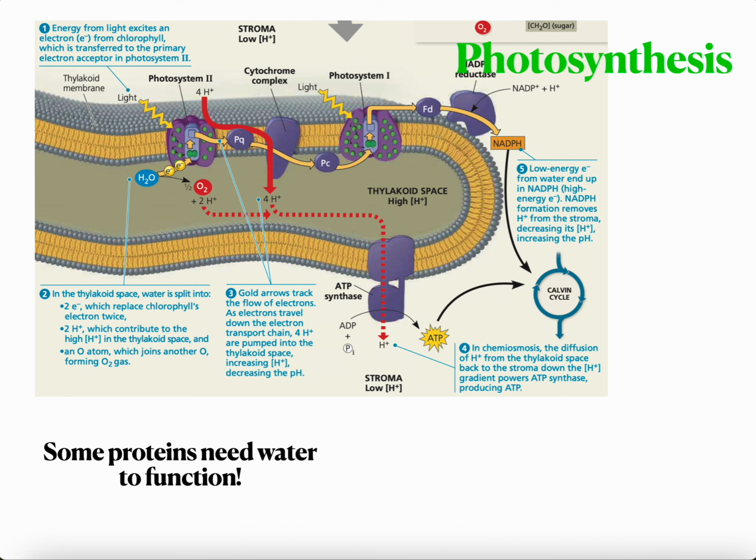Very likely to be photosynthesis. And it is photosynthesis, in fact. But we won't talk about photosynthesis in detail today. We will talk about, however, a protein or a cytochrome complex that is involved in photosynthesis and how it works with water. So some proteins actually need water to function.